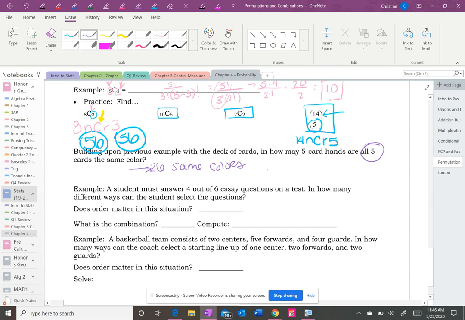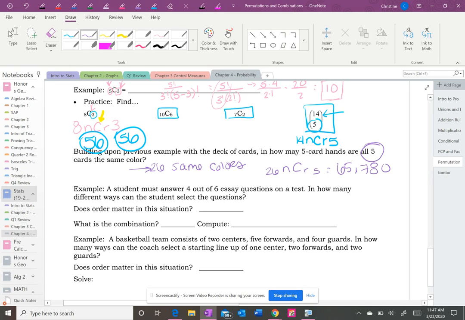So you would do 26, it could be red or black, and you're going to choose 5 of them. So there would be 65,780 ways for that to happen.